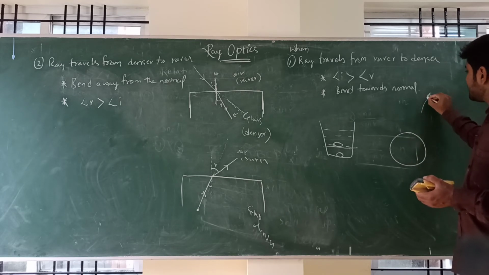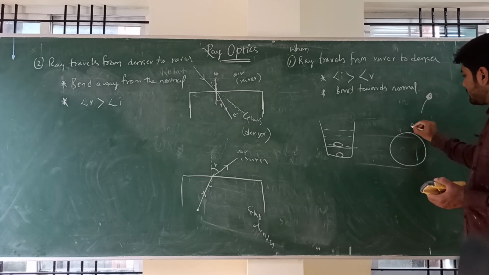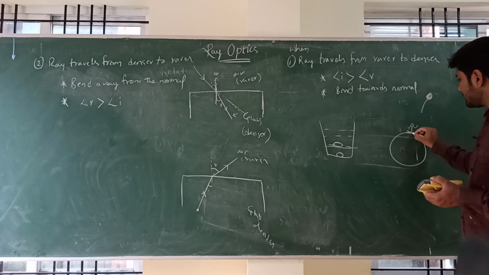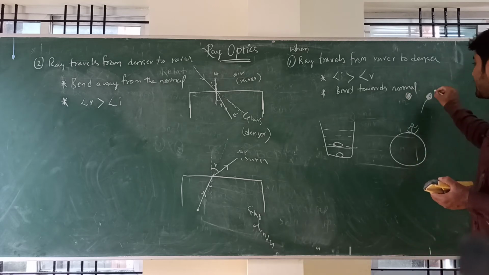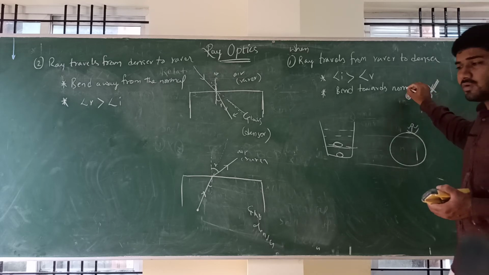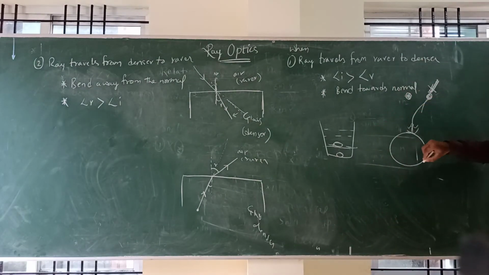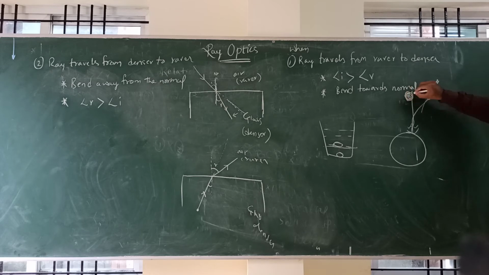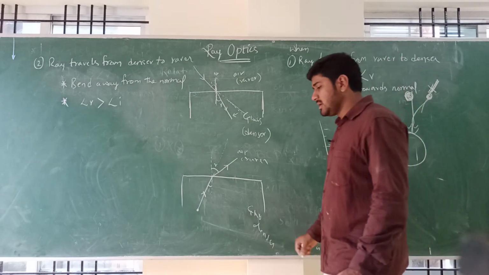Due to refraction, this is the actual position of the star. But whenever you are here on this earth, you will see the star at this position. Actually the star is at this position, but it appears here to you, because due to refraction the light gets refracted. So finally you will feel that the star is here, but actually the position of the star is here.